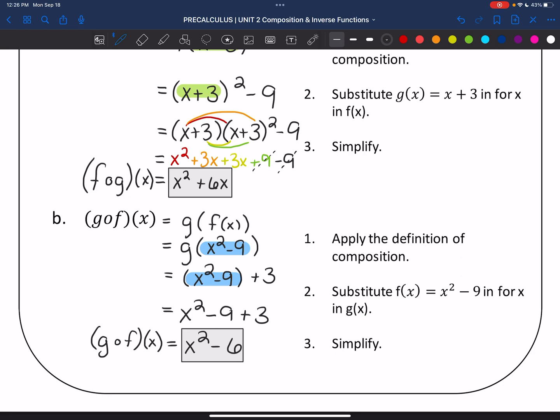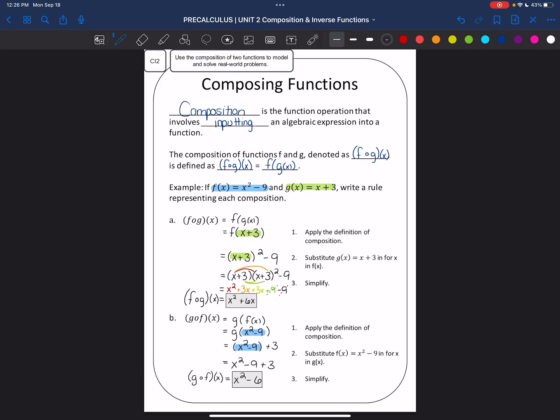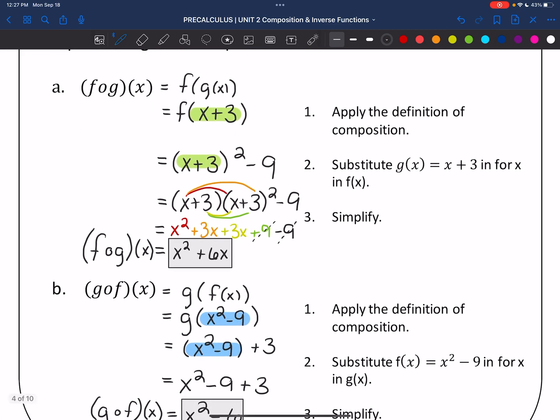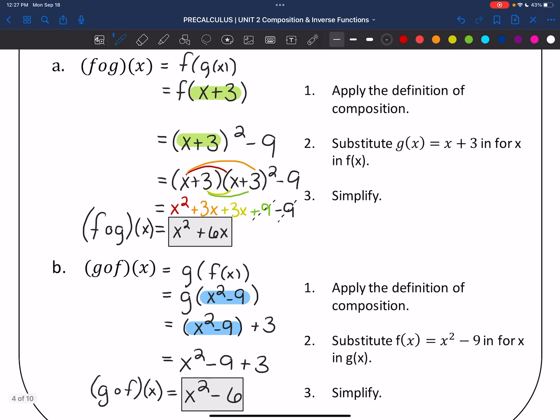There you have it, ladies and gentlemen. That's a brief review on composing functions, where we allow the input into our function to be an algebraic expression. And I want you to notice here, this is something we're going to see more in depth in a future video, but notice that it does matter.